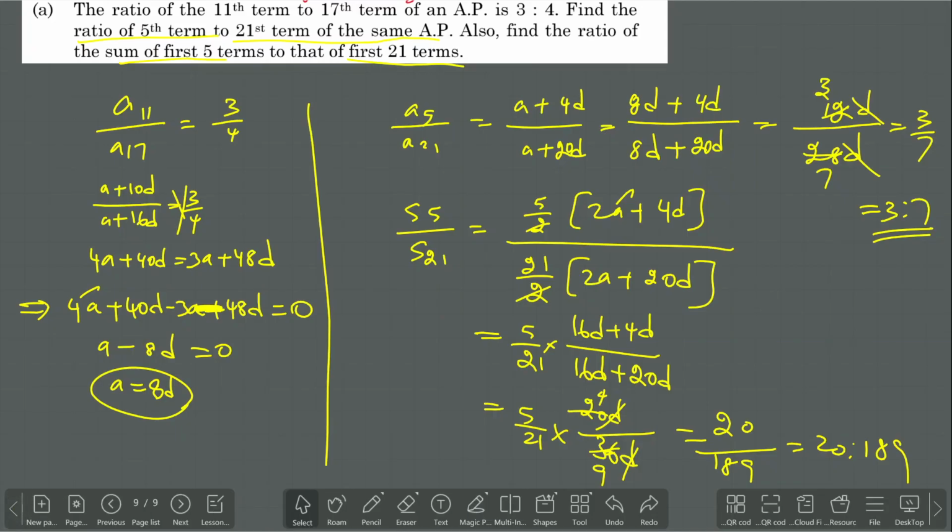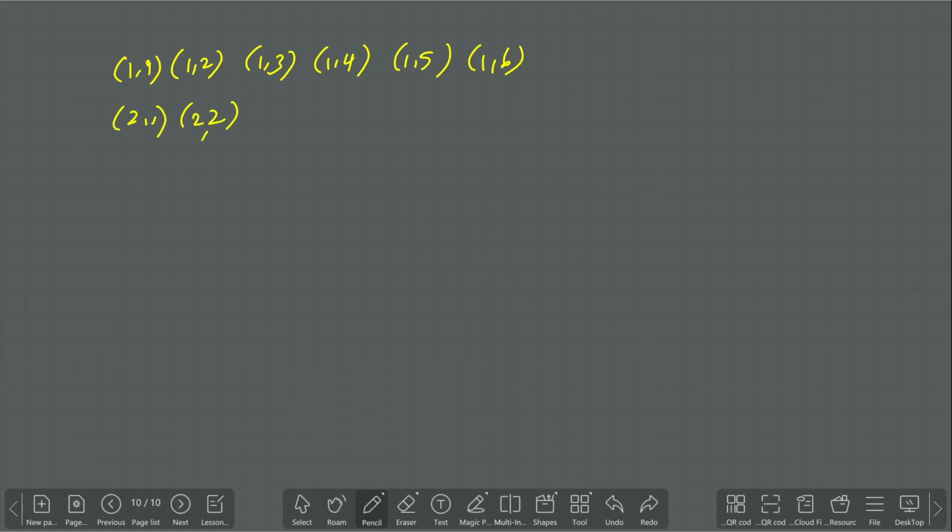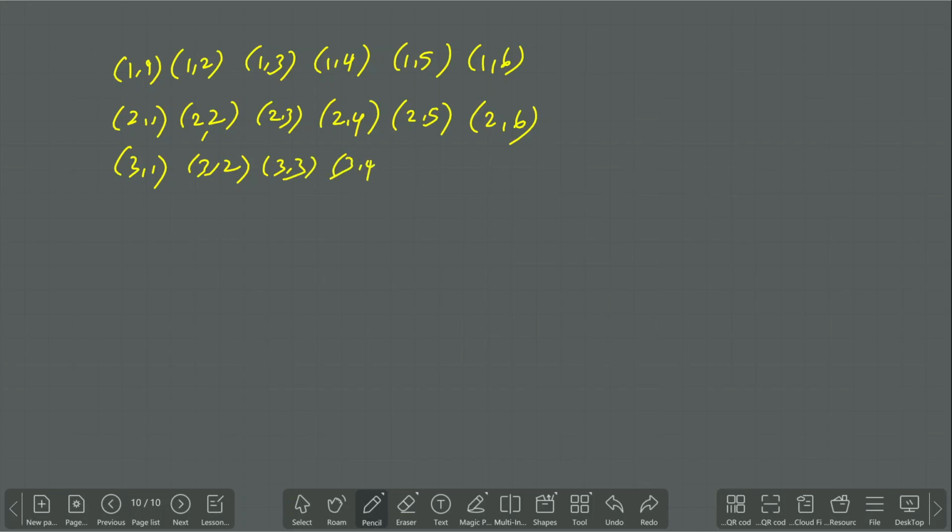So we'll go to one new page. Let me write all 36 chances, okay. Listen, first 1, 1, 1, 2. If you write that, you will be getting it very easily. And 1, 6. Like that 2, 1, 2, 2, 2, 3, 2, 4, 2, 5, 2, 6. And here 3, 1, 3, 2, 3, 3, 3, 4, 3, 5, and 3, 6.